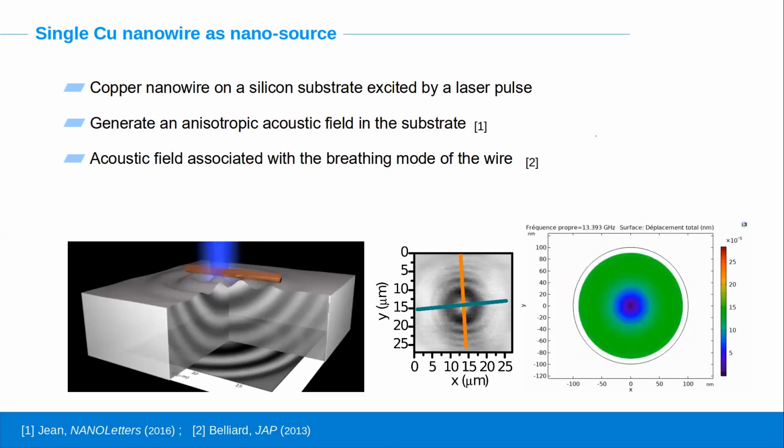This field is emitted by the nanowire due to the vibration of one of its eigenmodes, in particular the breathing mode of the wire, for which you can see the shape here. And due to the particular size and shape of these nanoparticles, you can obtain an anisotropic acoustic field in the substrate.